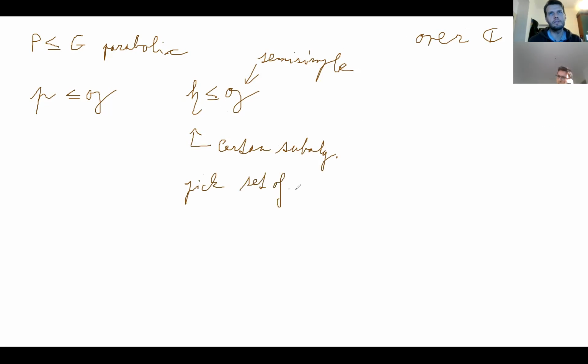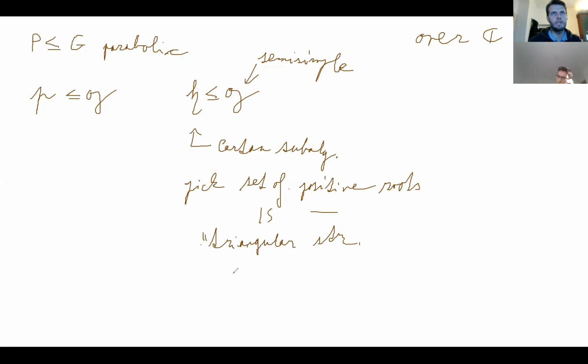If you don't know what it is, doesn't matter, because this is actually equivalent to picking a triangular structure.